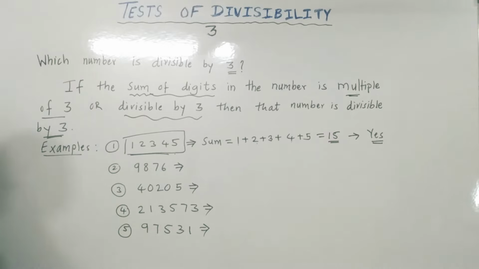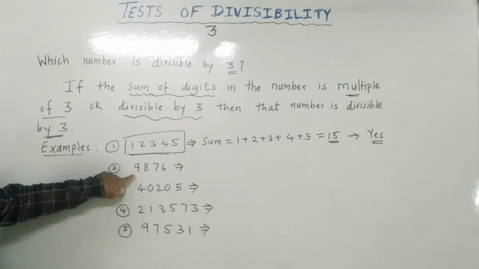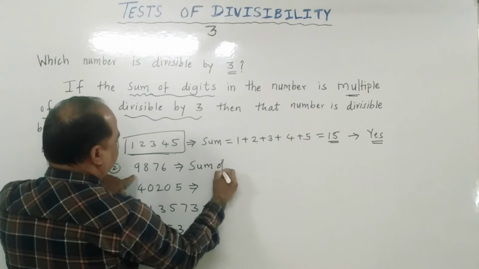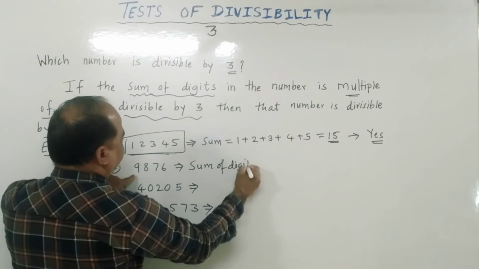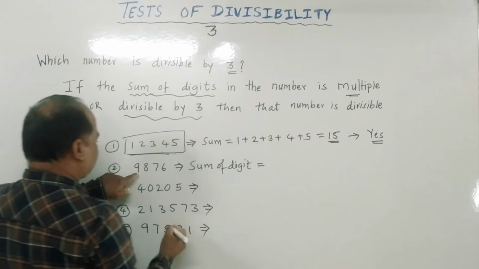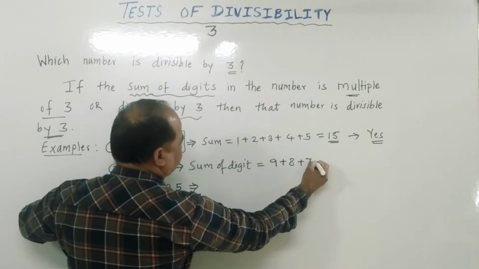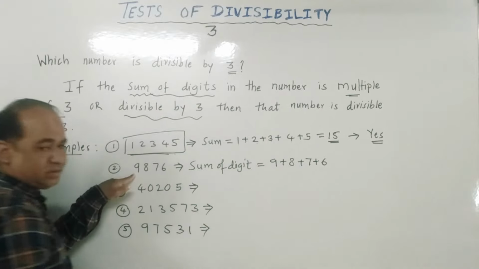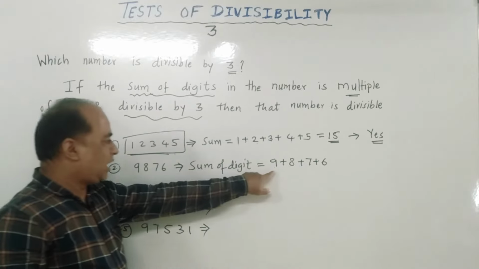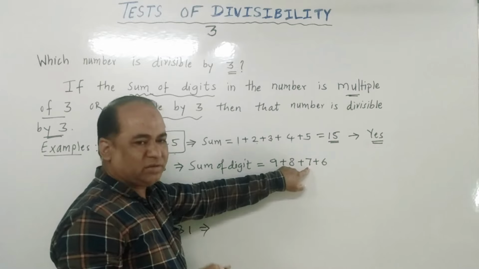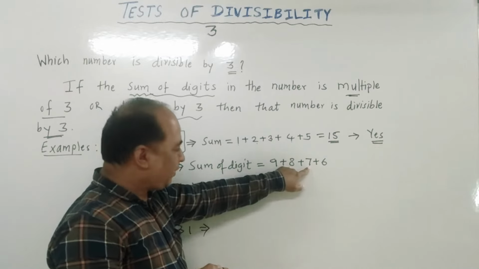Now let us see the second example. Is this number 9876 divisible by 3? Let us check. Sum of digits of the number is 9 plus 8 plus 7 plus 6. Add all digits. 9 plus 8, 17. 17 plus 7 is 24.